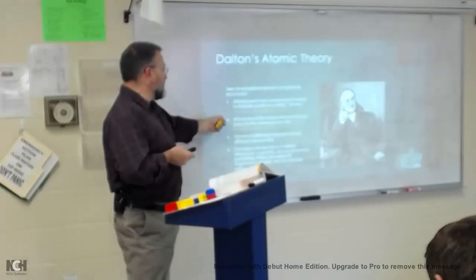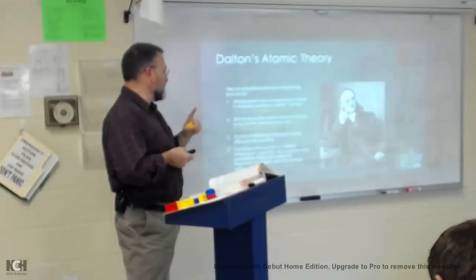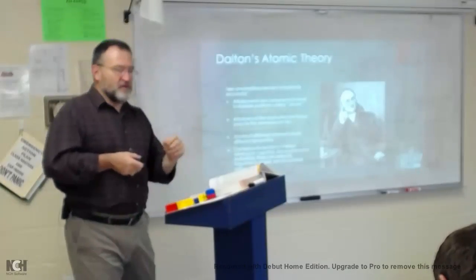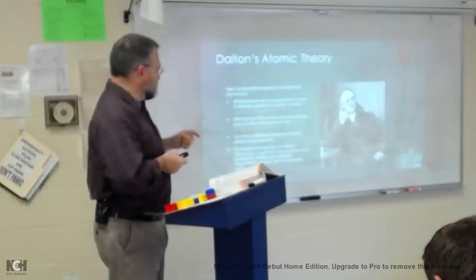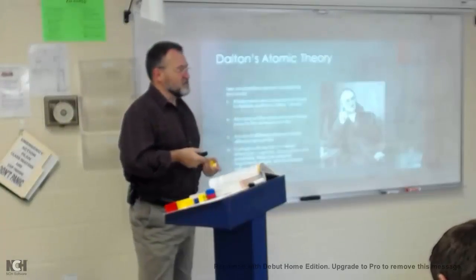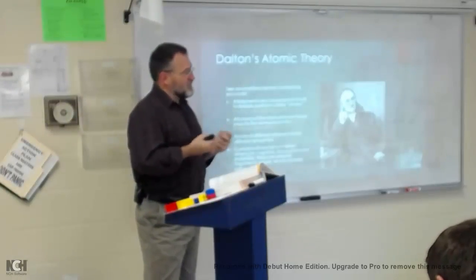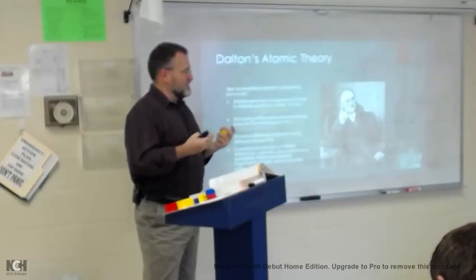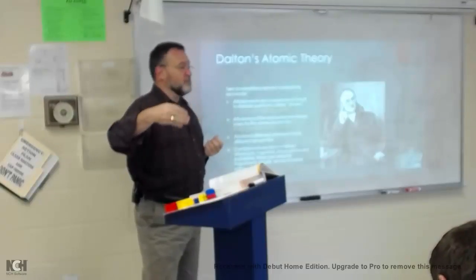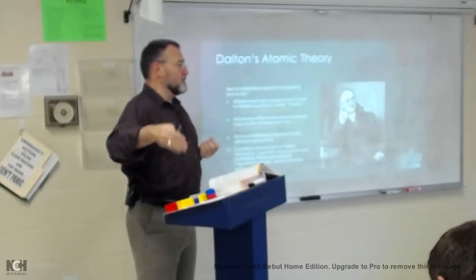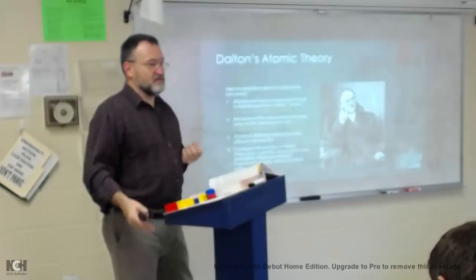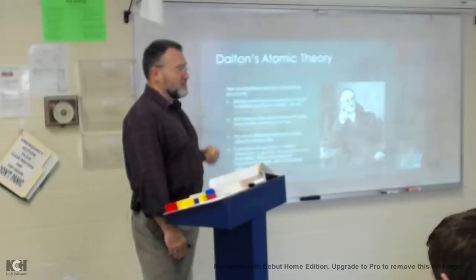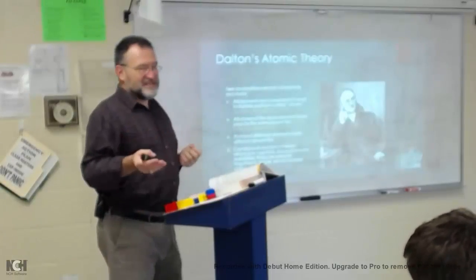And second, that all atoms of the same element have exactly the same properties. They have virtually the same properties, but this was before they understood the idea of isotopes. We'll get into isotopes later, but remember, an isotope is an atom that has a different number of neutrons than another atom of the same element. So you have carbon-12, but you can have carbon-14.